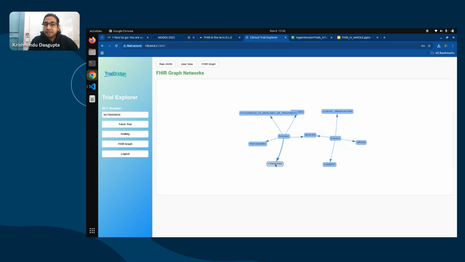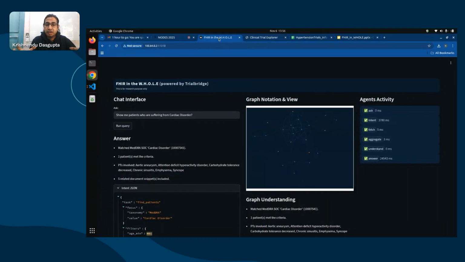And this condition will give you a mapping to all the other patients, all the other graphs. This is just for one trial. So we showed you two individual graphs, but the ideal way is to connect both of these graphs. And that is what we want to do using a common connector between FHIR in the whole and the clinical trial explorer.